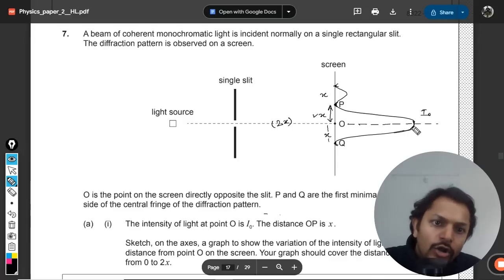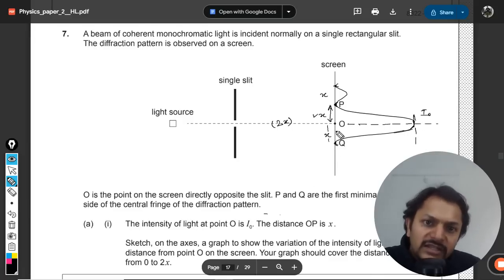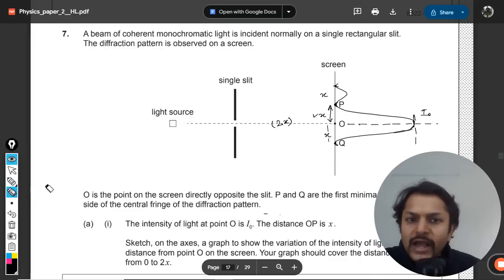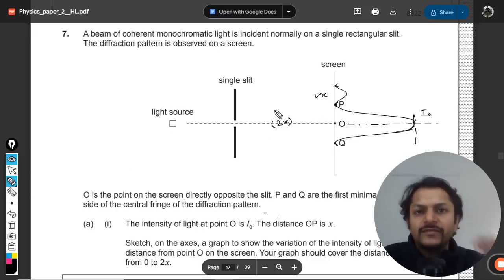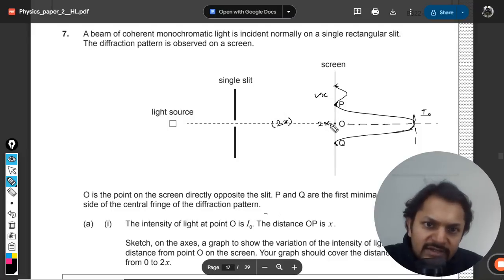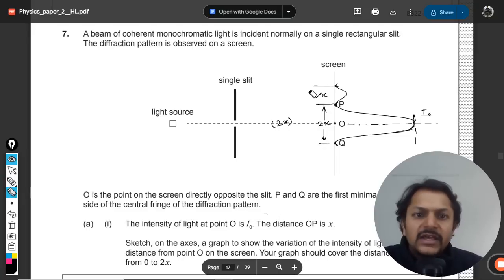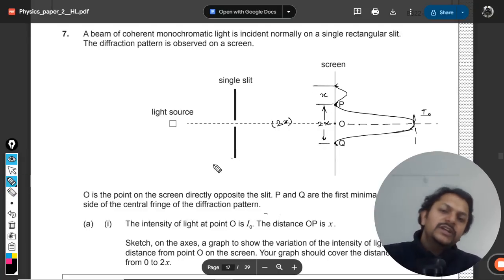You got it? Although the thickness of the central fringe, which is the maxima, is 2x, the thickness for all other fringes is half of that, which is x. So this is 2x and this is x. This is the point to be noted here.